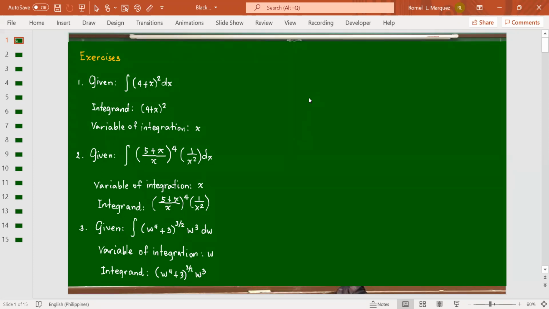Okay now, let's say I'm given big F of x equal, for instance, to x cubed, and small f of x is equal to 3x squared. So what can we say about the big F and small f? If I get the derivative of big F, that is 3x squared.